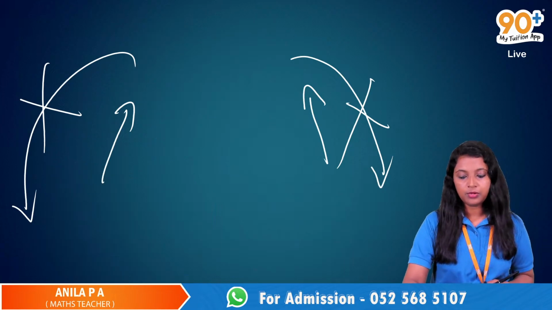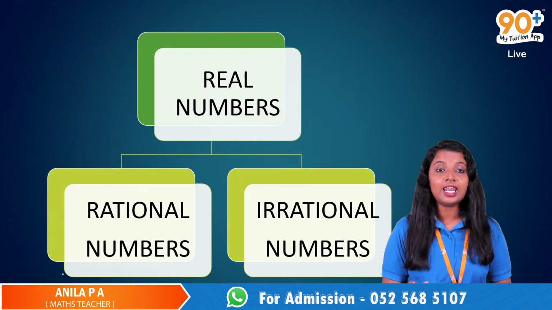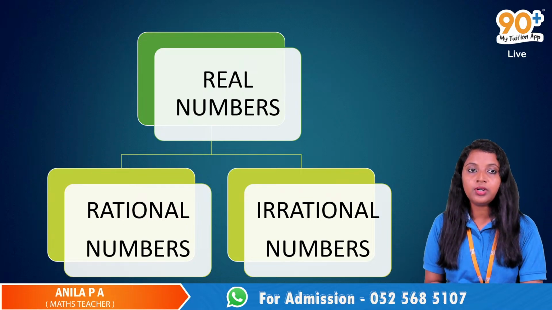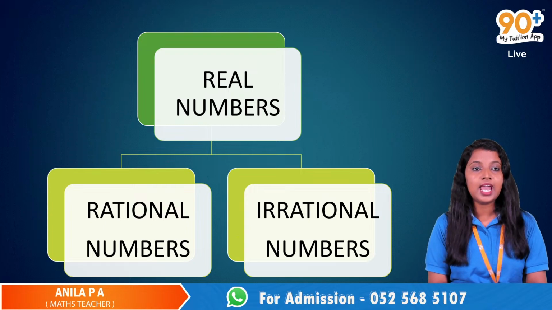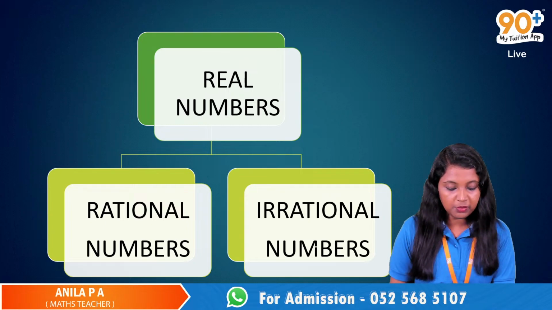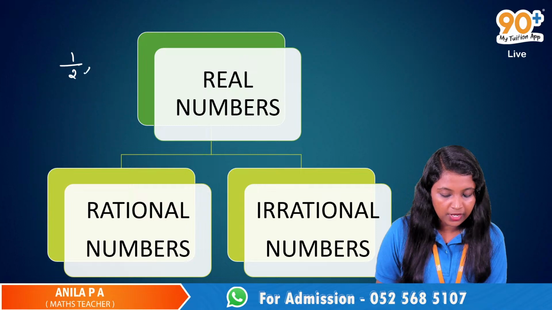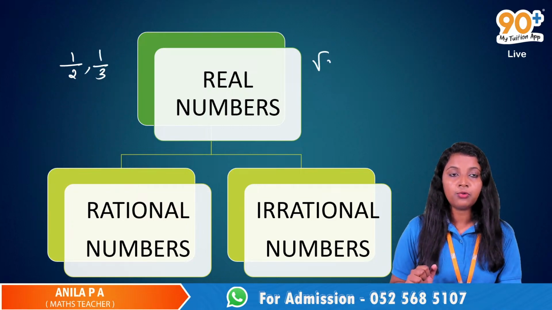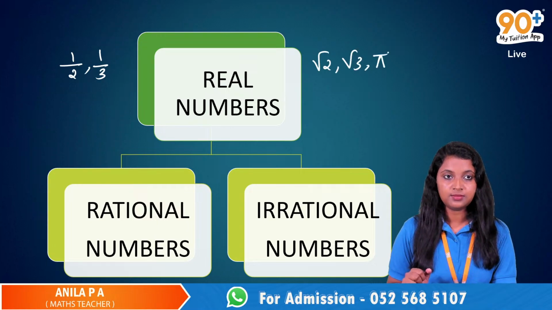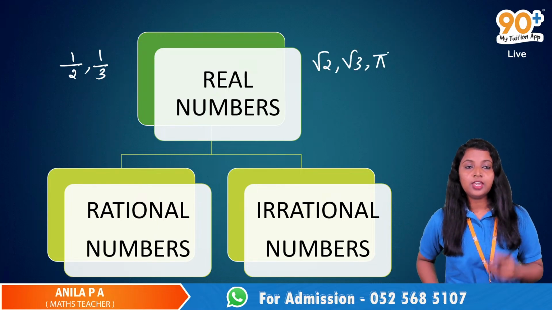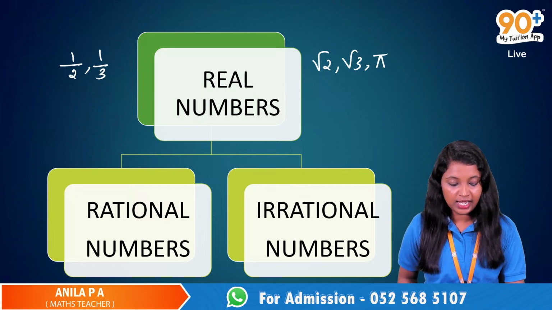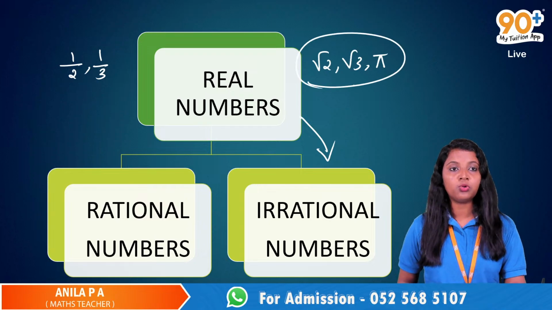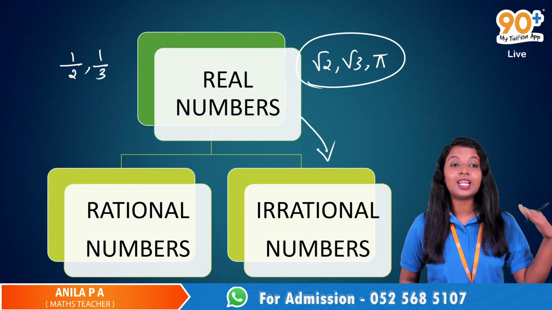If the statement is every real number is an irrational number, we know that real numbers consist of rational numbers and irrational numbers. So real numbers include numbers like 1 by 2, 1 by 3, and also root 2, root 3, pi, and all these. If all real numbers were irrational numbers, it must consist only of root 2, root 3 and pi, all such irrational numbers.